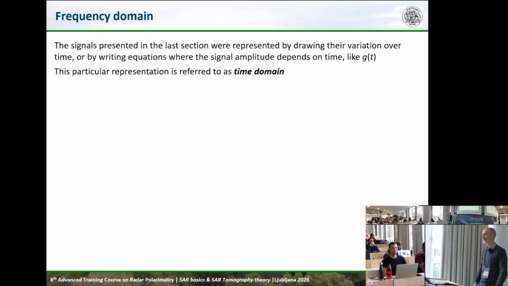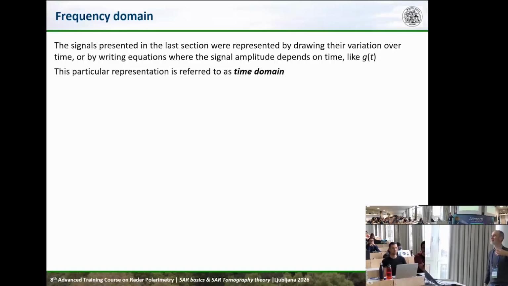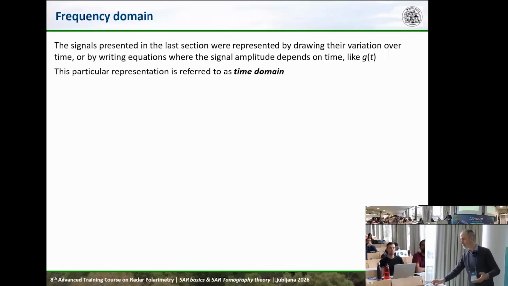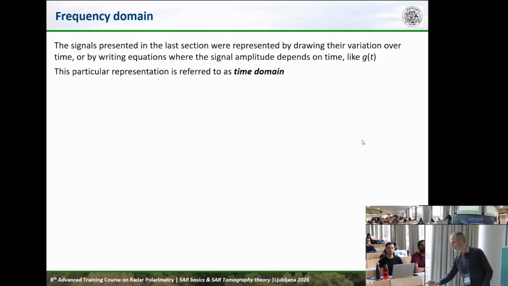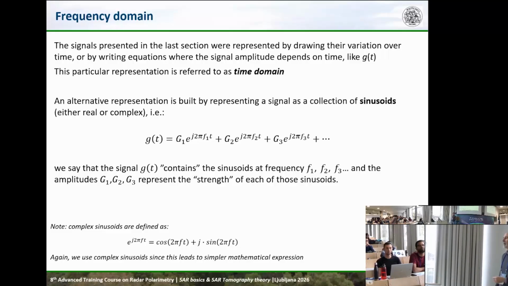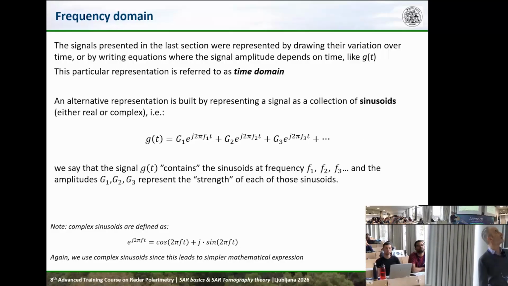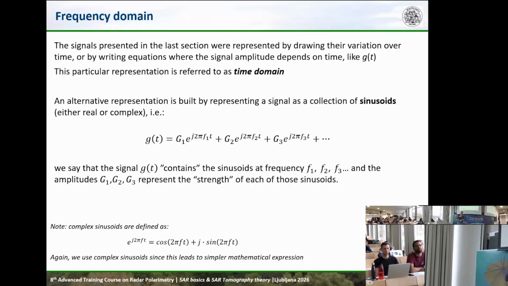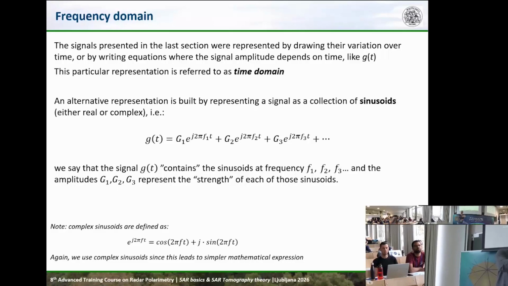Great, thank you. So this is a time domain representation. But an alternative representation can be obtained by saying that the signal can be written as a collection, as a sum of different sinusoids.